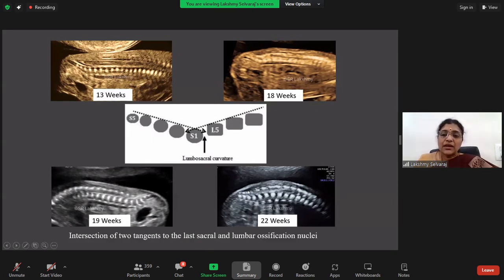But if the posterior ossification centers are not there, then you have to check whether they are divergent, and whether there is a spina bifida. Those two things we have to check whenever the posterior ossification centers are missing in a few sections.